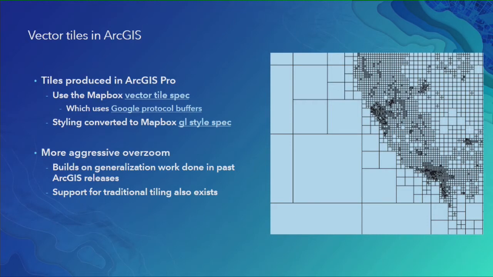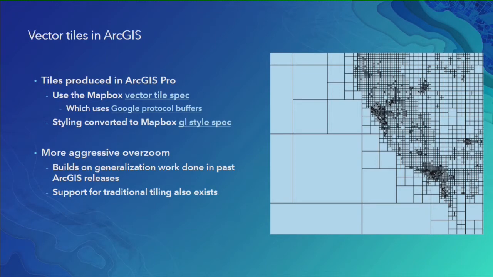And then the styling information of your map is in the Mapbox GL style spec. And the GL style spec is a JSON styling spec that defines things like the symbol colors, symbol behavior for scale dependency, and things like that.